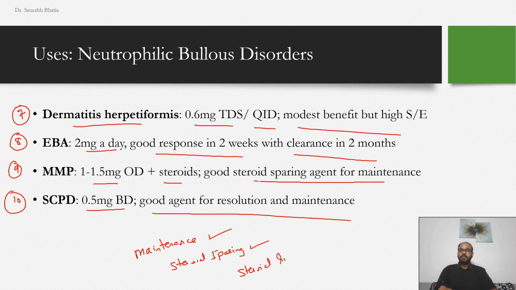Now, what do we mean by limiting? Decreasing the dose. Okay. So, you can wean off your patient earlier. You can decrease the steroid doses earlier if you also start colchicine along with that. Okay. So, that is a good way to manage your patients by using colchicine.